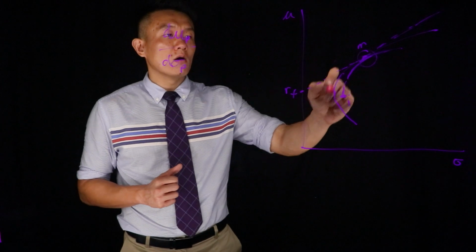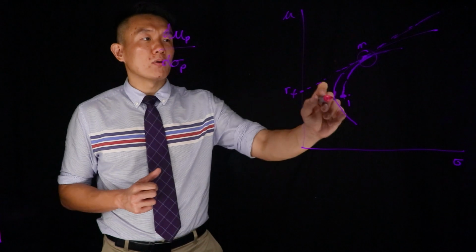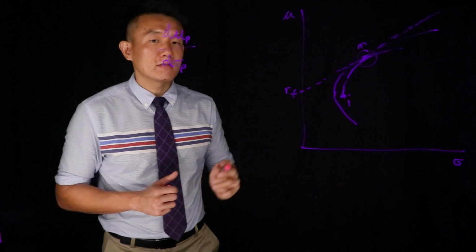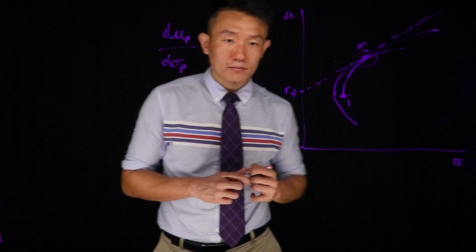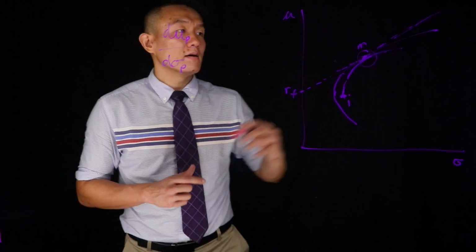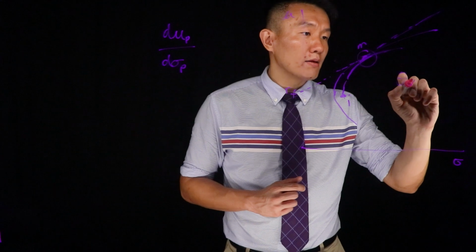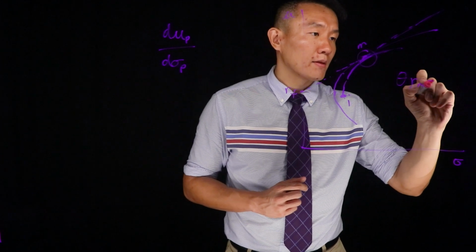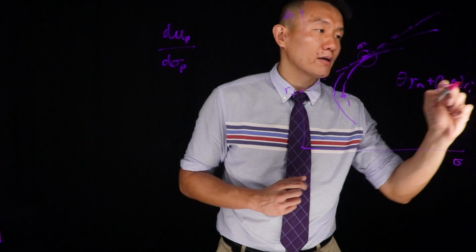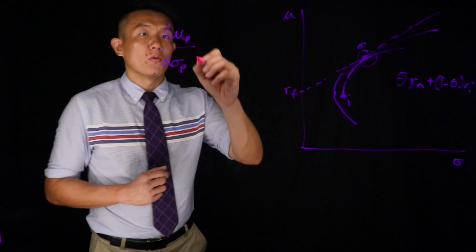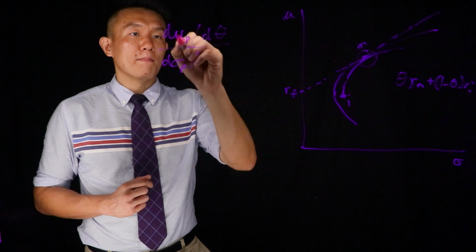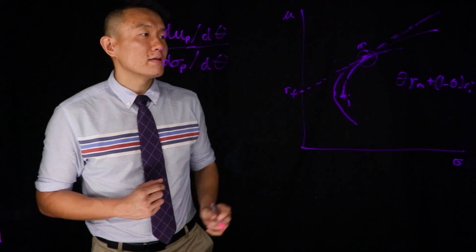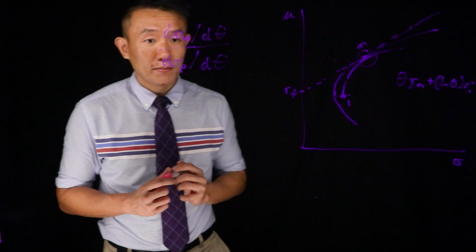Well, we're picking weights and we're kind of parameterizing this graph. So if we let theta be the weight that we put on the market portfolio, we can say the slope is actually d mu d theta over d sigma d theta.